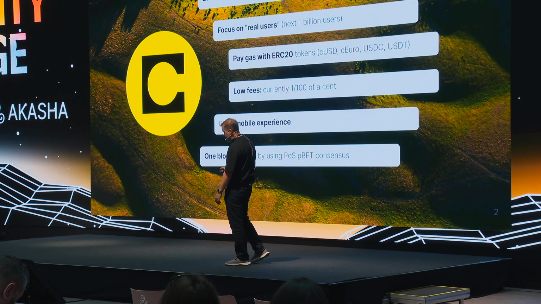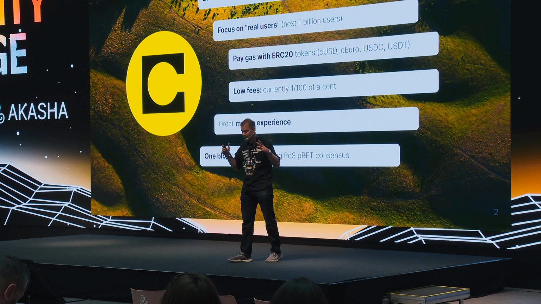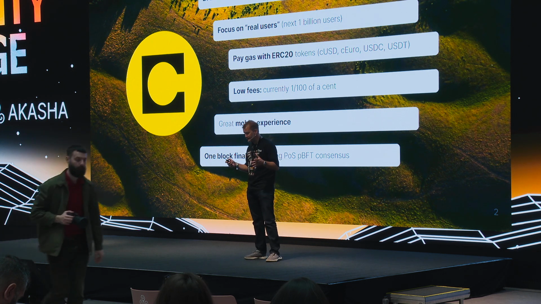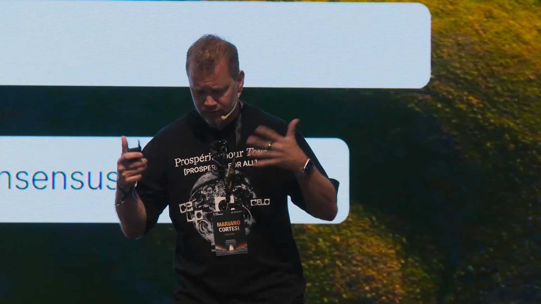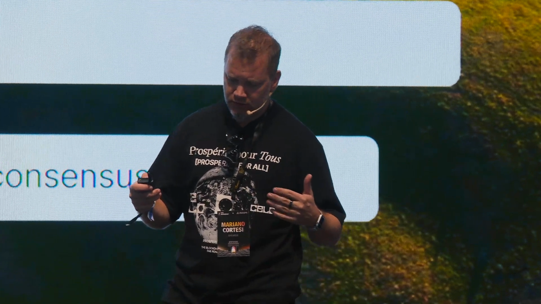USDT natively. The other thing that's going to be quite important is that you need to have very low fees. Why that is important also goes back to the mission of Celo. We want to do financial inclusion where this is most needed. So imagine places in Africa, places in South America, places in Asia.